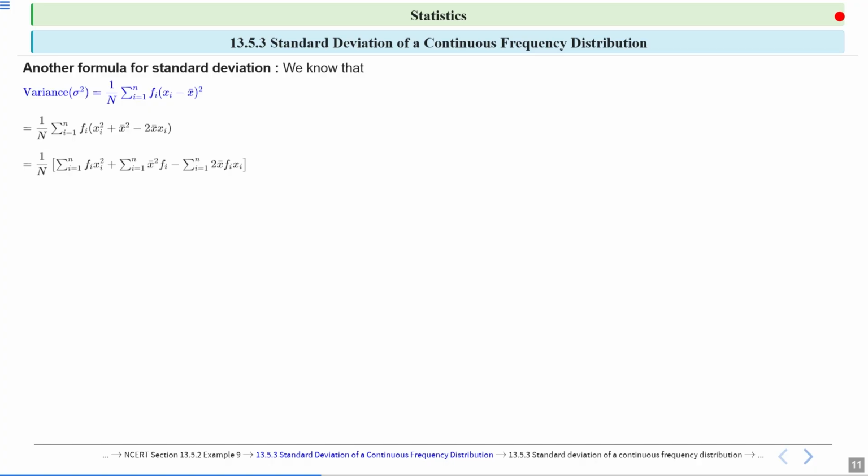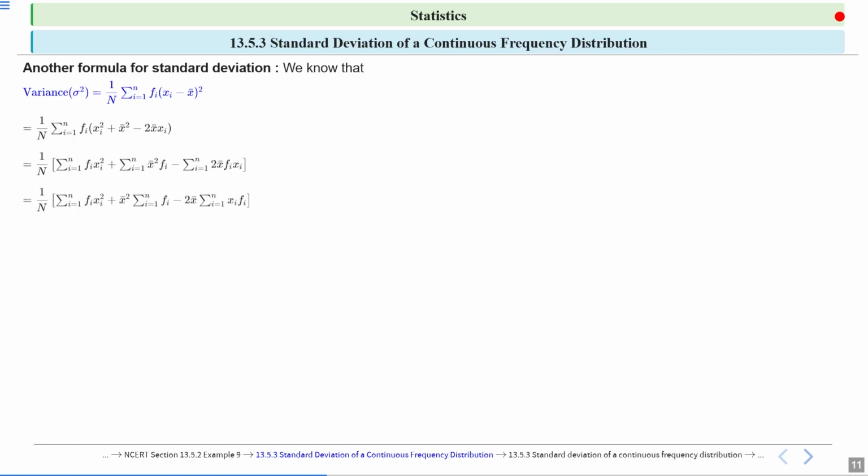This gives us 1 divided by n times the sum of fi into xi squared plus the sum of x bar squared times fi minus the sum of 2 times x bar into fi times xi, in each case from i equal to 1 to n.